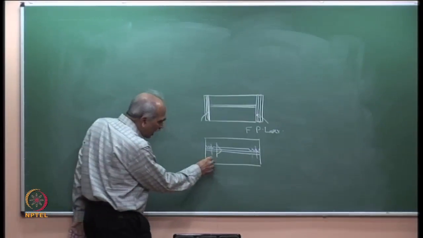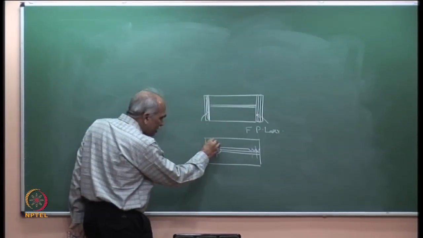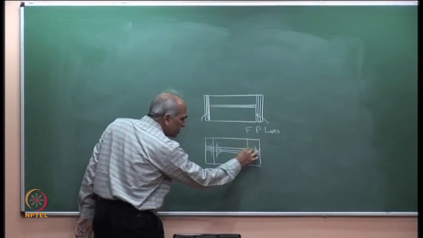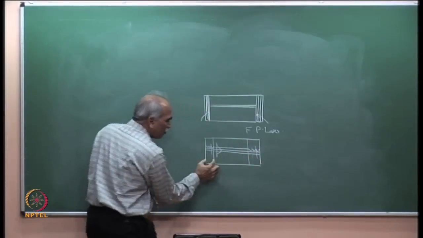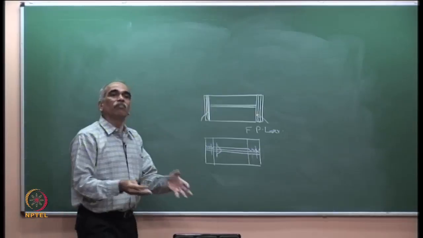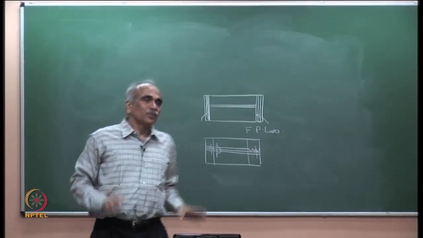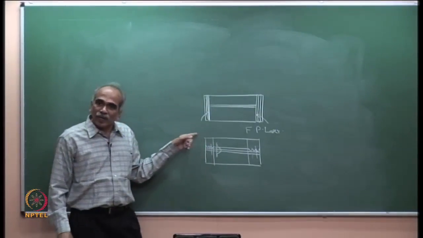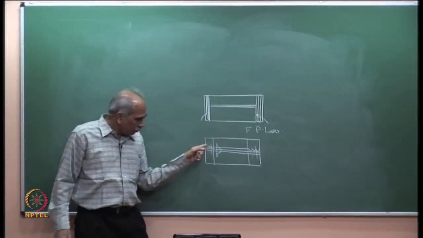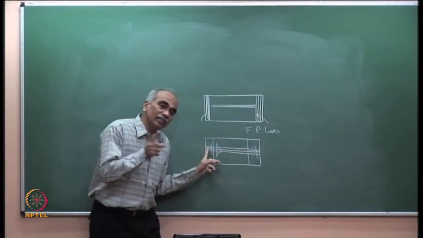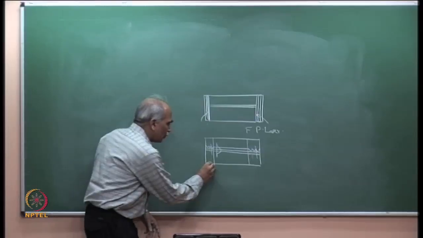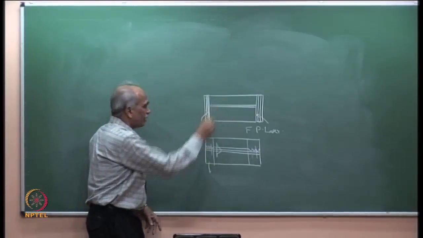So, what you have is a Bragg reflector here. In this section we have the Bragg reflector. Bragg means periodic immediately. So, there is a periodic structure which is providing reflection, and that periodic structure is wavelength selective, and therefore you have a distributed Bragg reflector.